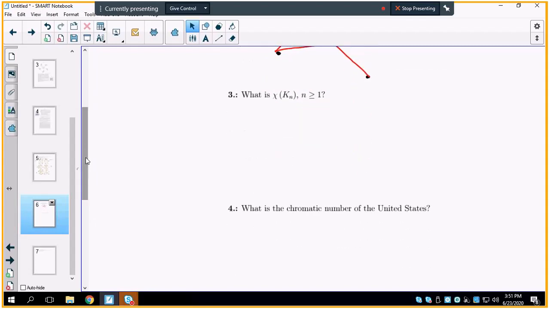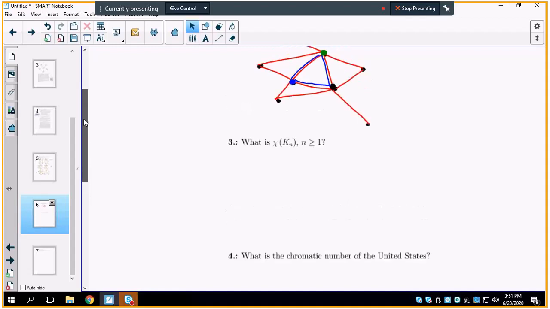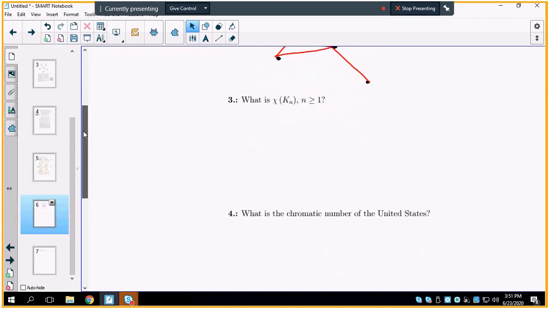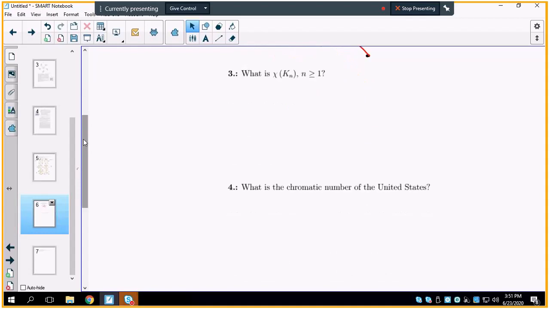Then it says, what is the chromatic number of the complete graph on n vertices for n greater than or equal to 1? So we just thought about the K3. We thought about it sitting inside of some other graph, but we were thinking about the complete graph on 3 vertices, and we found that it had a chromatic number of 3. Well, it turns out this continues to be true for other complete graphs on n vertices.